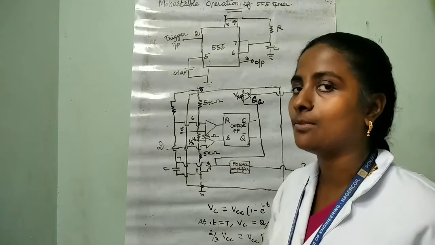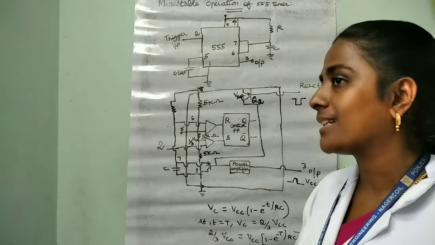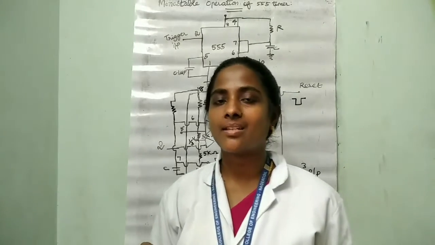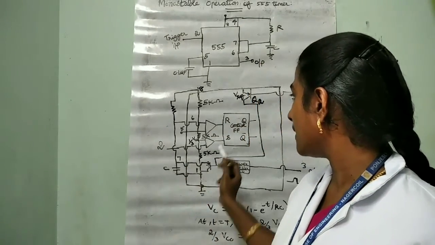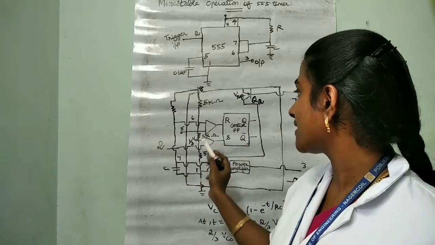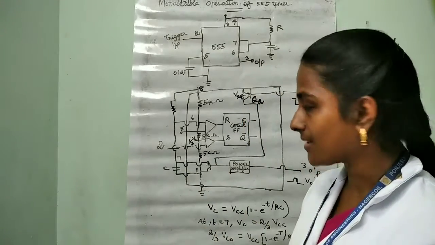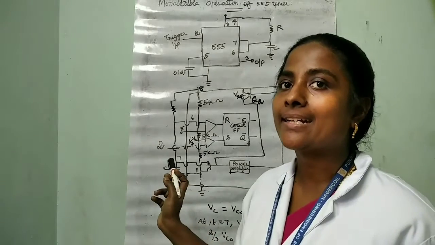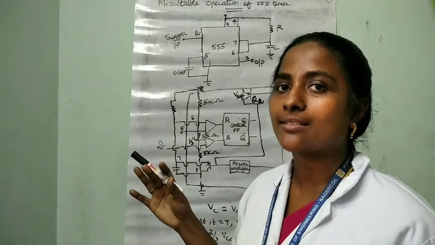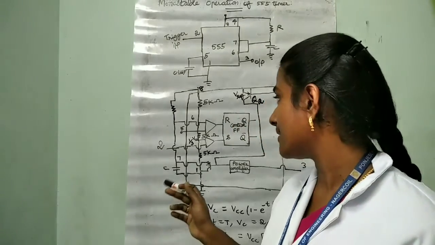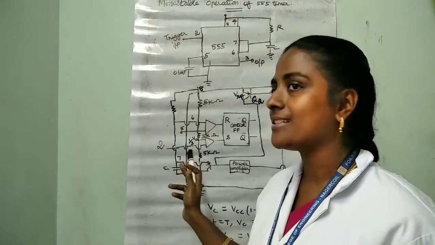It operates in monostable mode. First we can see that in steady state the flip-flop holds the transistor Q1 in on condition. This makes the capacitor to the external triggering, so that 1 by 3 VCC passes through it.